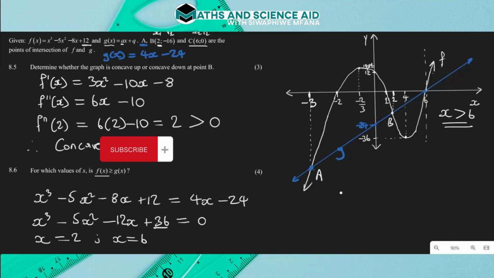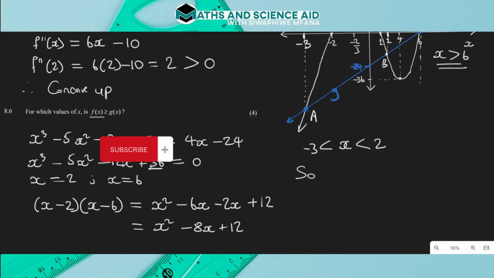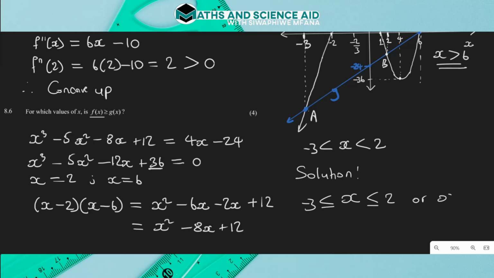And now we can say that another interval whereby the graph of f is above the graph of g is whereby x is between negative 3 and 2, these two points here. Therefore, to write the solution of this question, we would say that x must be greater than negative 3 or x must be less than 2. And we shouldn't forget the equal to. Or x must be greater than or equal to 6.